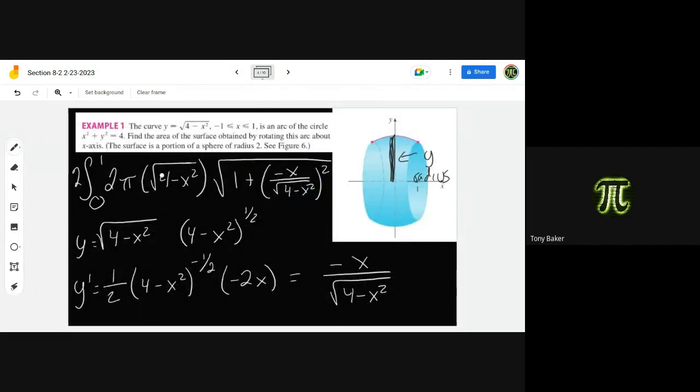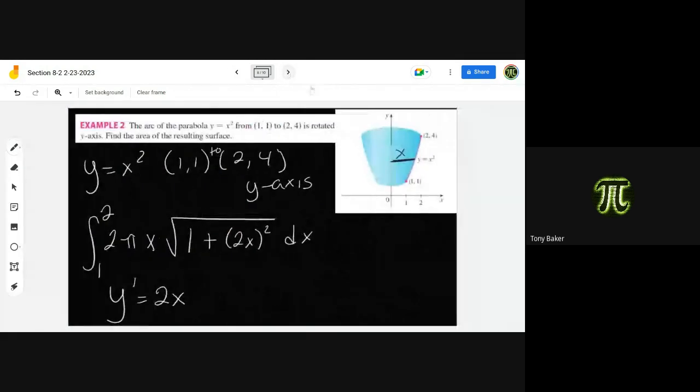That's why I did the square root of 4 minus x squared, because over that range, the 4 minus x squared was what changed. So my radius changed in that direction. And in this one, I'm going from the y-axis out to the function. So the value that's changing is not my y, so it's not y equals x squared. The value that's changing is x, and it's changing from 1 to 2.